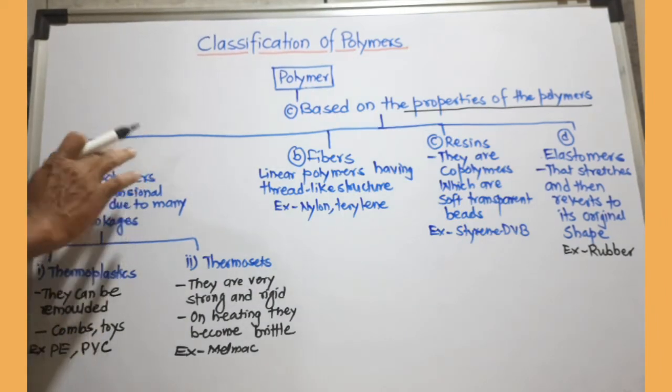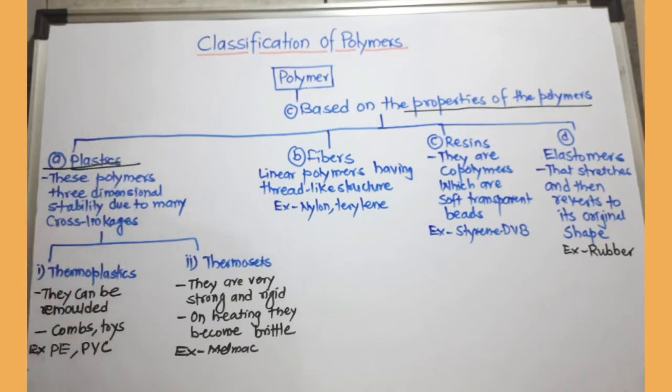We use this word many times in our day-to-day life. Plastics are polymers which have three-dimensional stability due to many cross linkages, and they are either rigid or semi-rigid polymers.